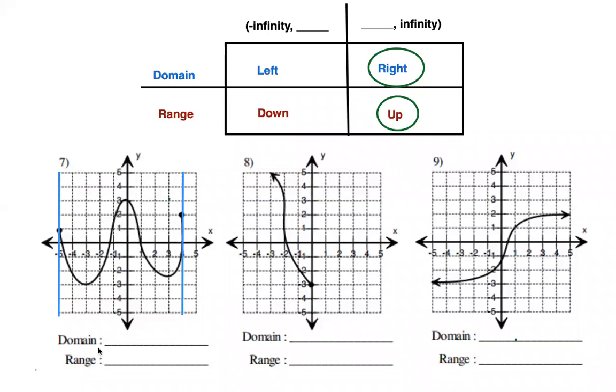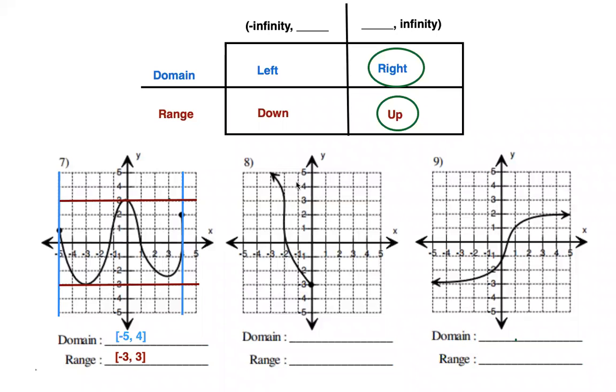No open circles, so that's all brackets. For range, we start at -3 down here and go all the way up to +3. -3, +3. No open circles, so we use brackets.